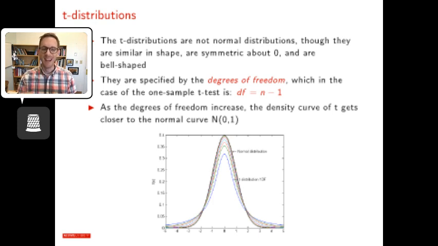In the case of the one sample t-test, we calculate the degrees of freedom by using the sample size minus 1. All right? And what you'll notice is as the degrees of freedom go up, or as our sample size gets larger, the density curve of the t distributions gets closer and closer to being normal. So as I have a larger sample, my t distribution will approximate a normal distribution.